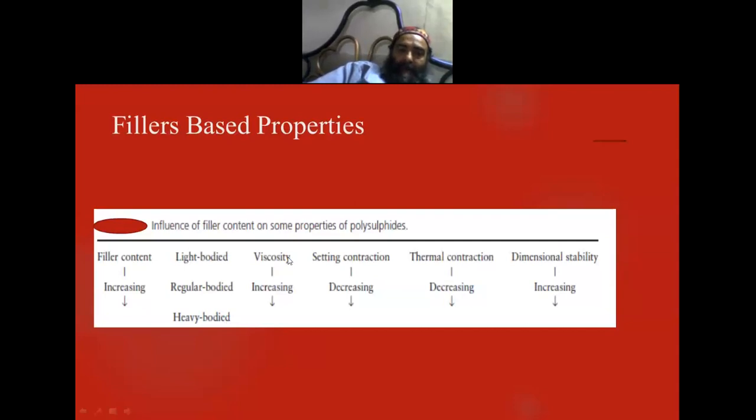Viscosity in light bodied is less but increased due to the high filler content in regular bodied and heavy bodied. Setting contraction is also decreased due to less number of reactions. Thermal contraction is also decreased because of the filler. And dimensional stability will increase due to the presence of filler content, because filler has its own weight, mass and space.